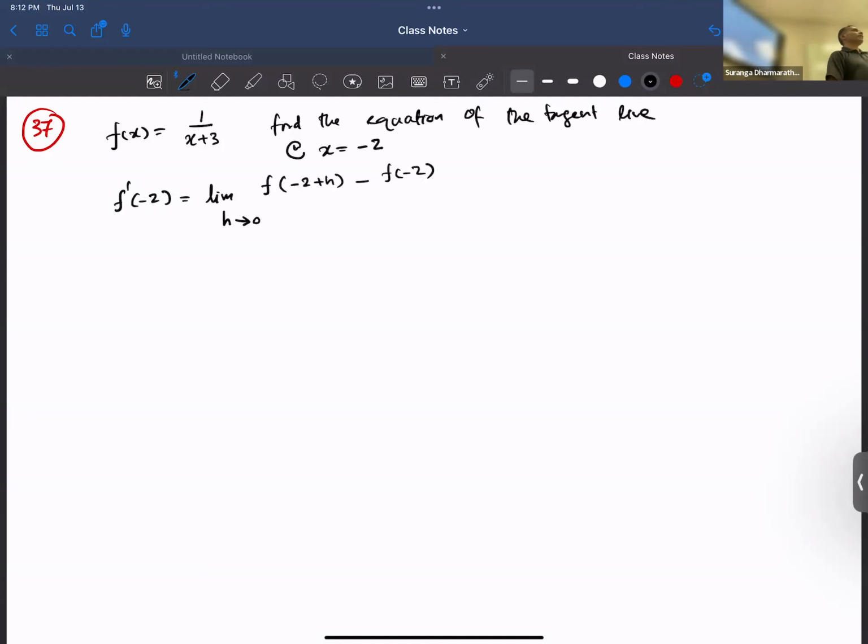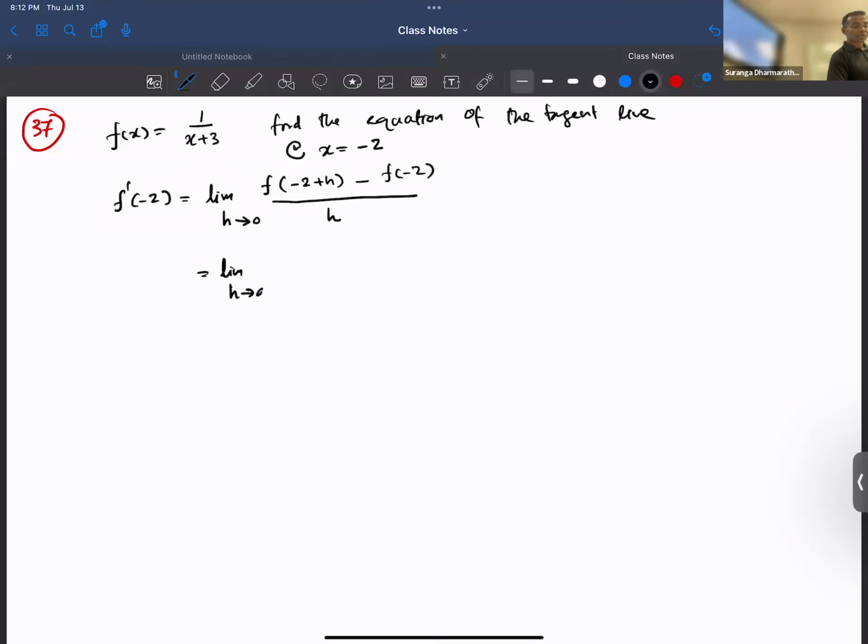Instead of a, we just write negative 2. That's it. And divided by h. And let's see what would happen if I substitute this. Now, f of negative 2 plus h is 1 over, sorry, I need to write limit h goes to 0.